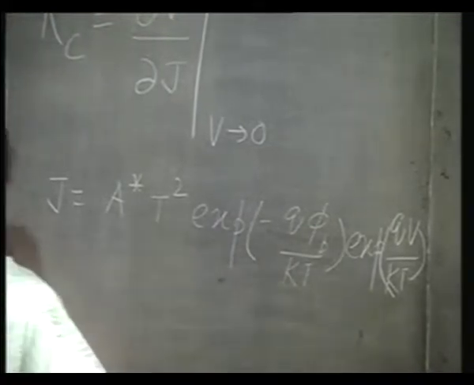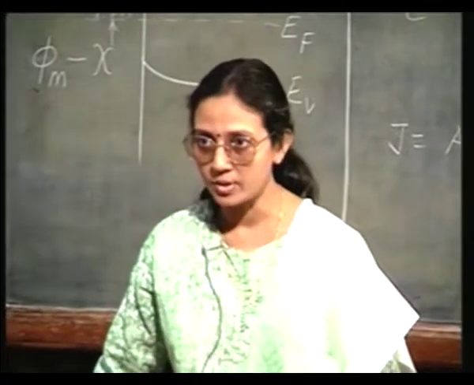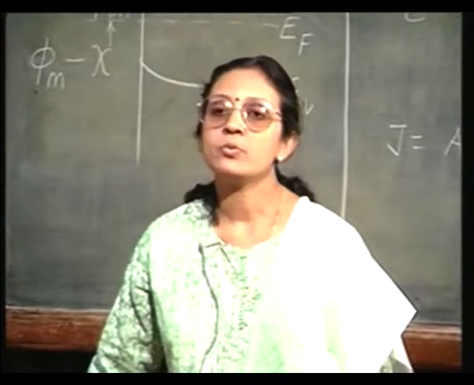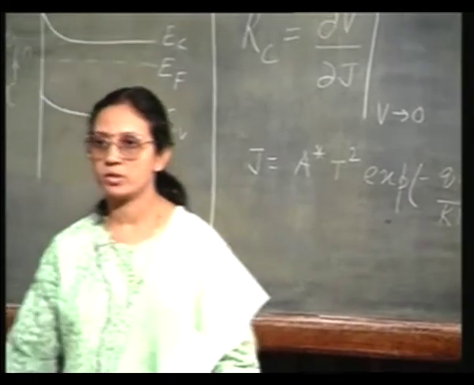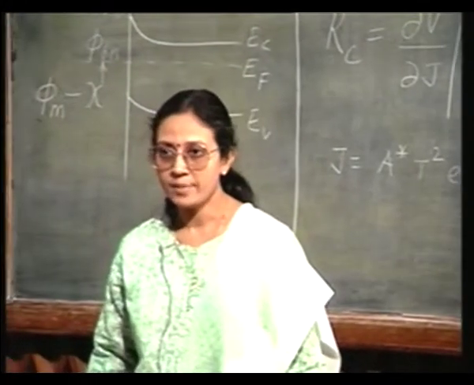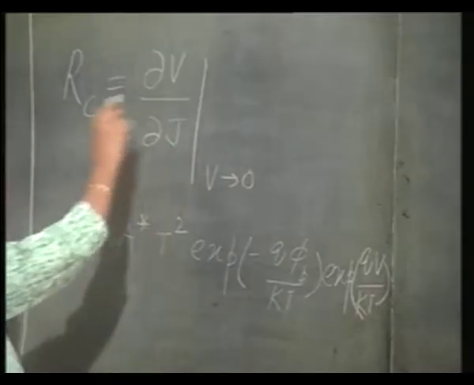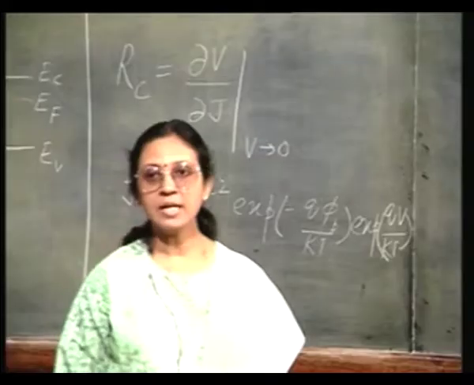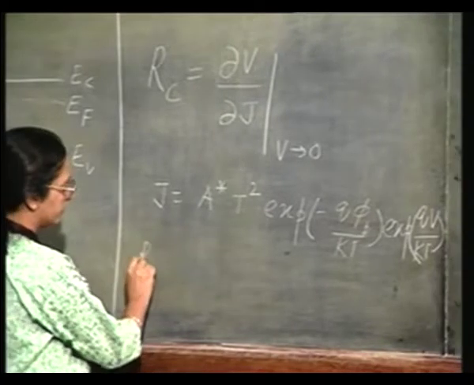So, if I assume that thermionic emission is the dominating process of current transport, then the current is related to the voltage by this equation. And therefore, you can very easily solve for the specific contact resistance.